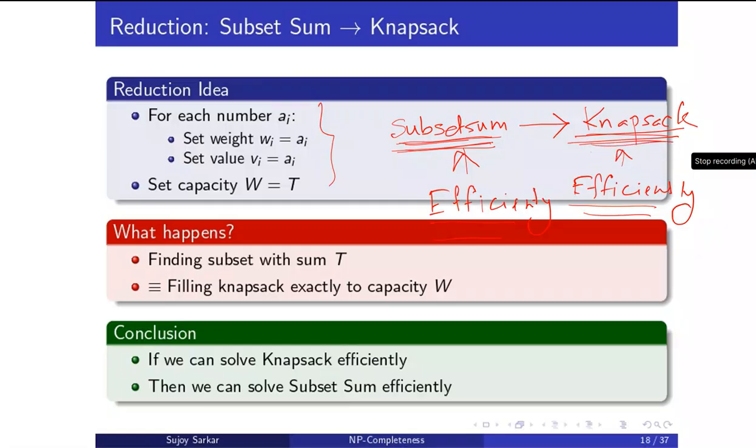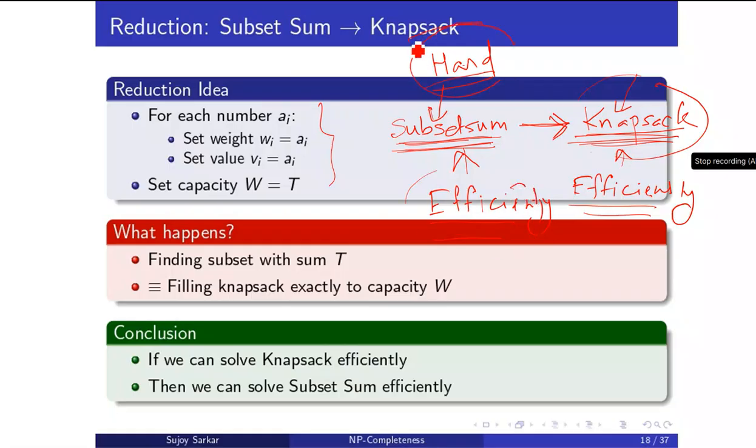Now think the other way. If we know subset sum is a hard problem with no efficient solution, and we convert it into a knapsack problem, then there cannot be an efficient solution for knapsack, because if there were, this also would be efficient.